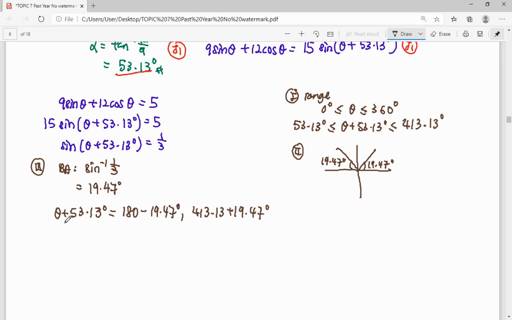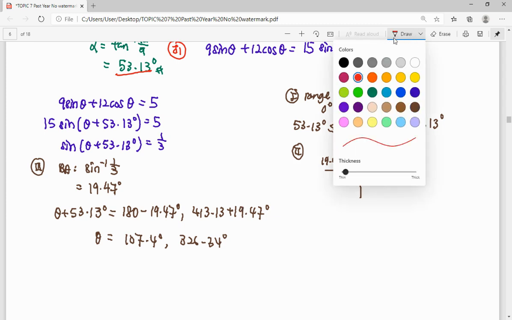And we simplify to the simplest theta that we want. So we are going to add up this 53.13. When we move it to the right hand side, it will be minus back this 53.13. So this theta will give us 107.4 and then 326.34.